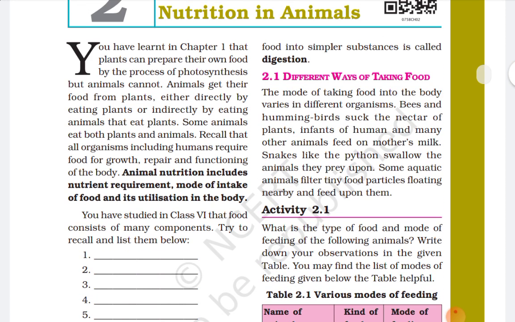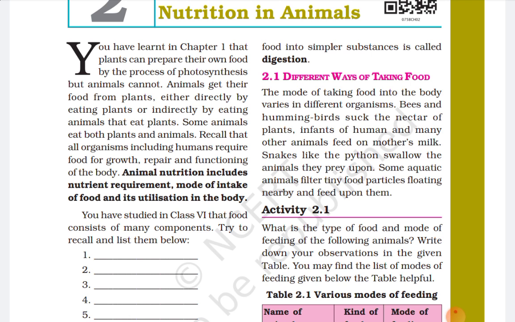So you have learned in chapter 1 that plants can prepare their food by the process of photosynthesis, but animals cannot. Animals get their food from plants either directly by eating plants or indirectly by eating animals that eat plants.